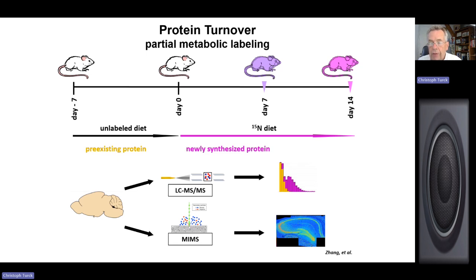We start feeding them with 15N Silantes diet. From then on, nitrogen-15 gets incorporated into proteins and also other molecules, of course. We then took this tissue again and did two types of mass spectrometry. I'm going to explain tandem mass spectrometry. The other one is called MIMS, and I'm going to explain that in a second. Both of these methods gave us very valuable protein turnover information.